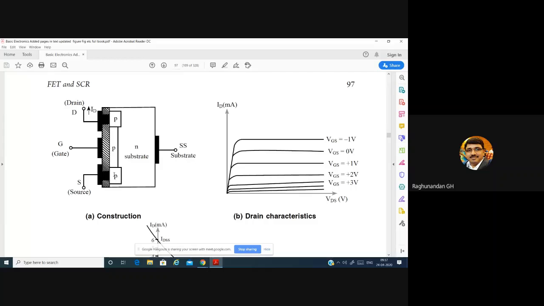Here in this case, since it is a p type, the charges from the source have to move to the drain. In the source, the majority charge carriers are holes, because it is a p layer, a p well. So these holes have to be shifted to the drain. As you know, the source is usually grounded.